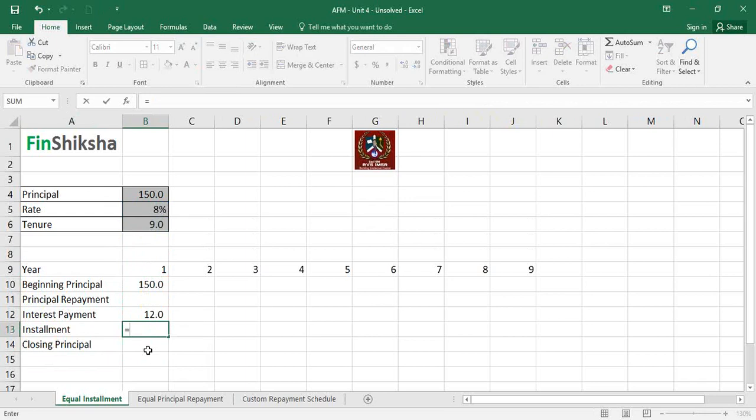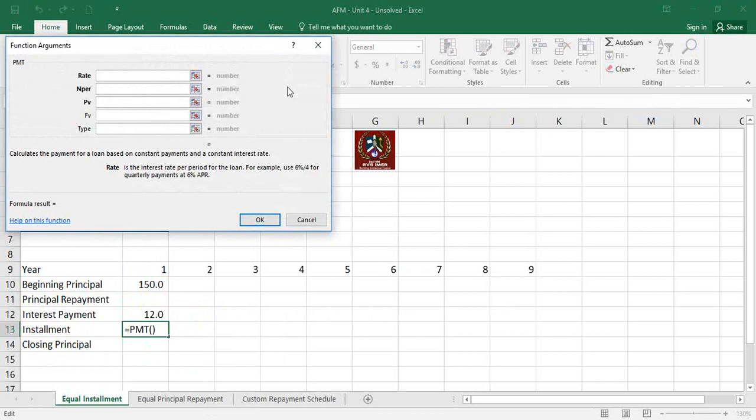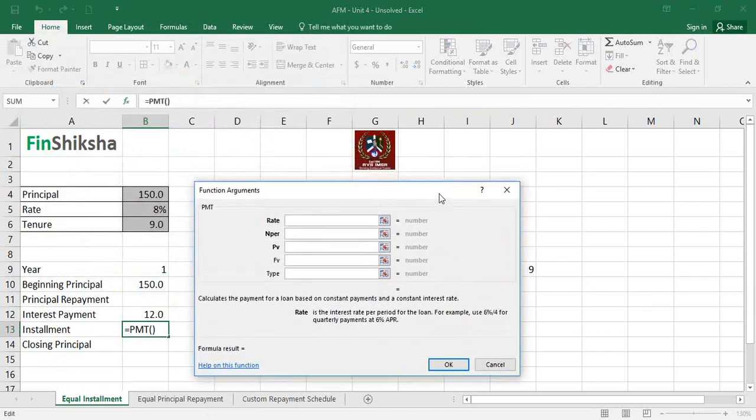The installment calculation can use a function called PMT. And if we open the functions for PMT, it includes rate, which is going to be 8%. It includes number of periods, which is 9. It includes PV. Remember, PV and PMT have to be opposite sign in this case. So I put a minus and put a 150 there.